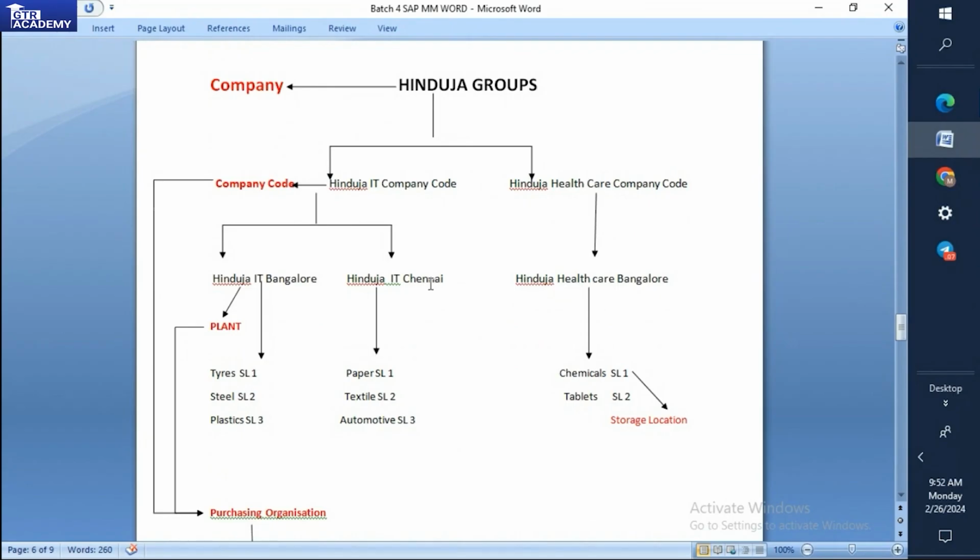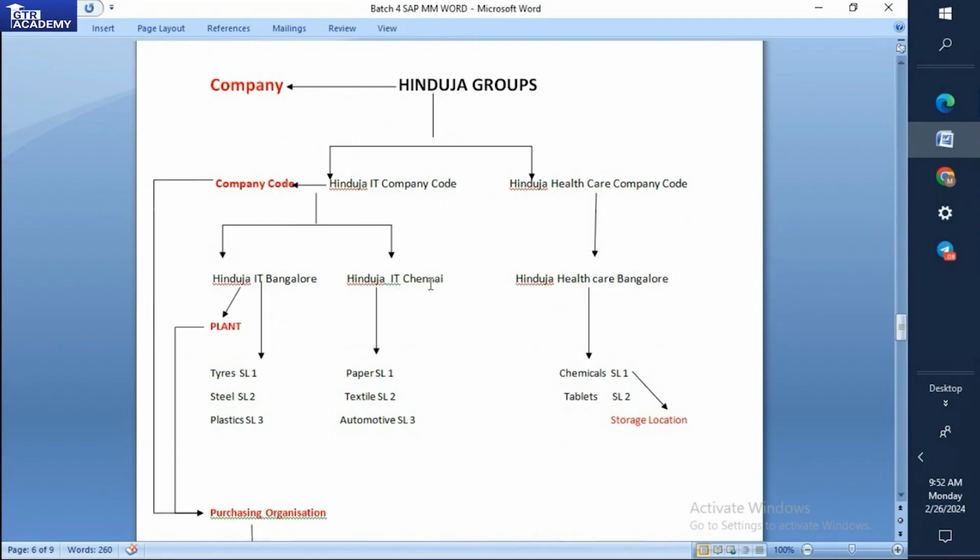In real time, if you take any other example, under the company there can be multiple company codes and multiple plants. Based on the complete business requirement, they will enlarge their businesses. It can be Bangalore, Chennai, Mumbai, so three plants under one company code, or one plant under one company code.